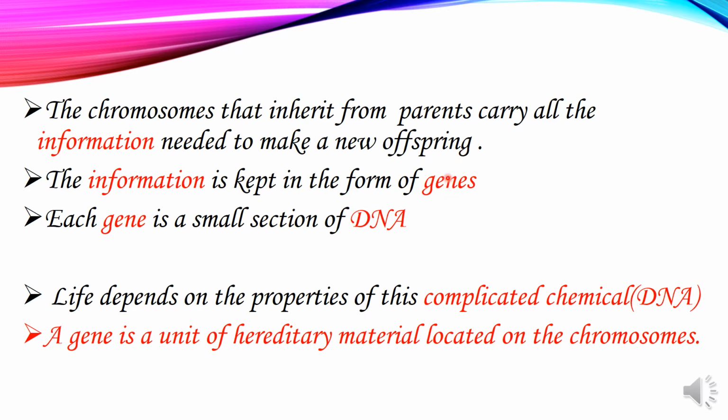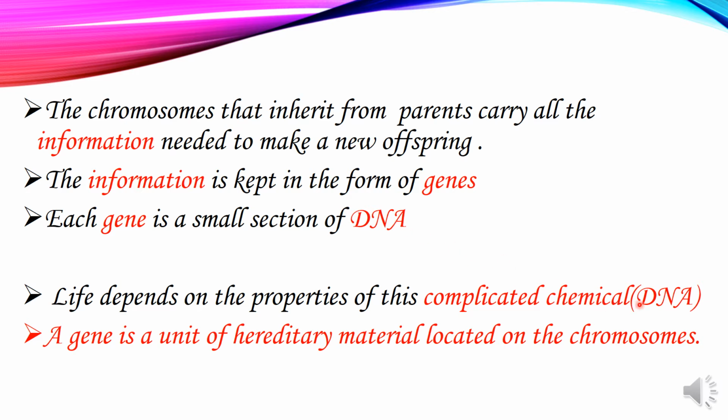On the other hand, each gene is a small section of DNA, so genes are made up of a chemical called DNA, deoxyribonucleic acid. Life depends on the properties of this complicated chemical called DNA.